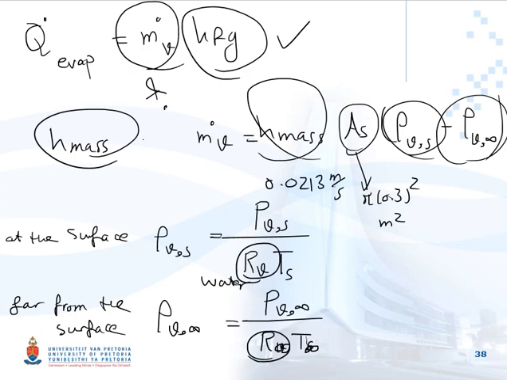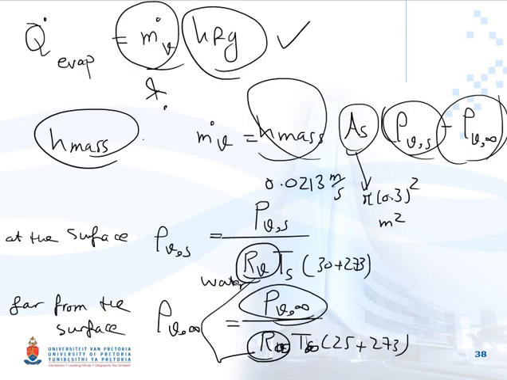Here the temperature needs to be in Kelvin, so 30 plus 273, and here it is 25, so 25 plus 273. R we just read from the table, so it's constant. So the only thing that we need to find now is the partial pressure of water at the surface and far from the surface.